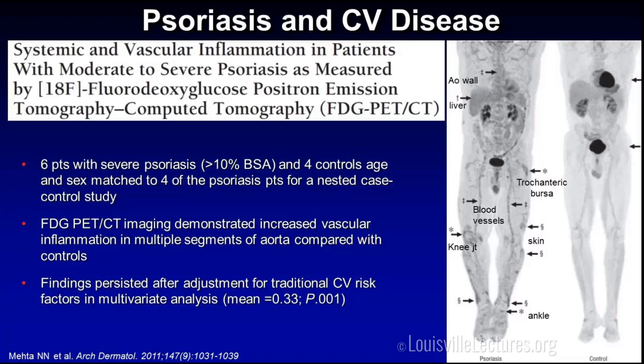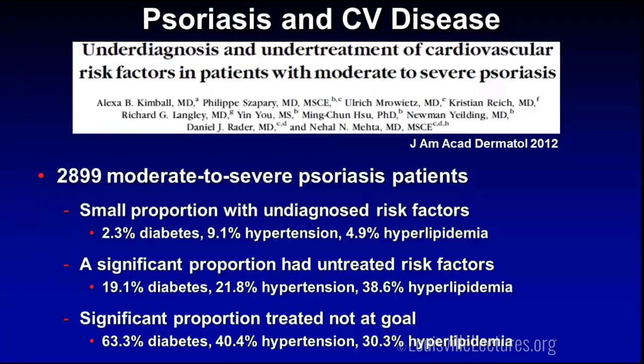disease. Now, despite this knowledge, we as caregivers currently do not do a very good job of protecting our patients as well as we could from future cardiovascular events. This was a paper in 2012, also Nehal Mehta involved in that, where they looked at almost 3,000 patients with moderate to severe psoriasis and modifiable cardiovascular risk factors.